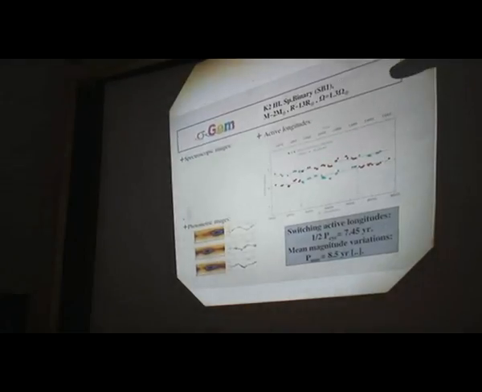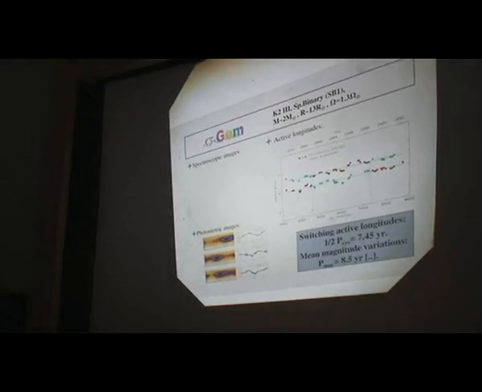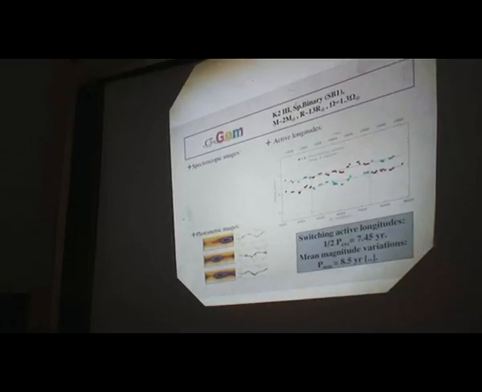Okay, now I move to stars, active stars, rapidly rotating stars. This is one, Sigma Geminorum, and this is the photometry made by automatic telescopes in Arizona over many years.